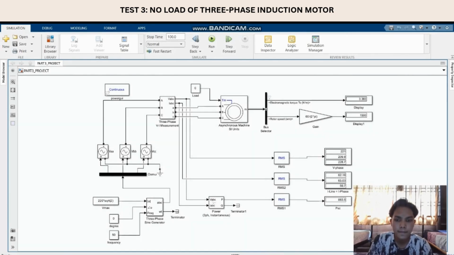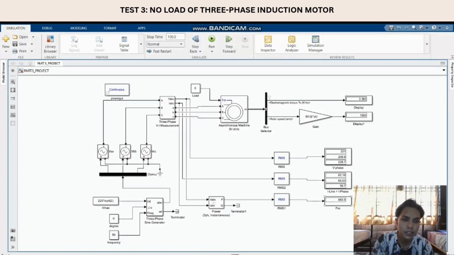Okay. So as we can see, the electromagnetic display, the output is 3.383, and then the rotor speed, which is the RPM display, 1500. So the value of B phase, which we have 3. For the first is 221, second 209.9, and lastly 228.7.